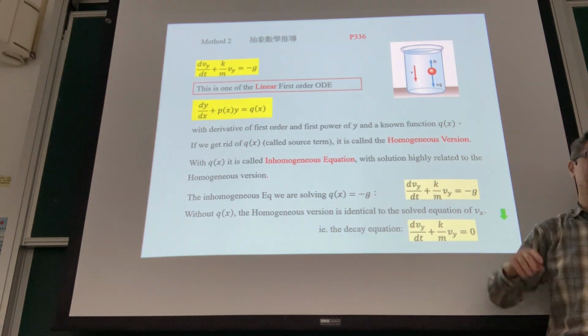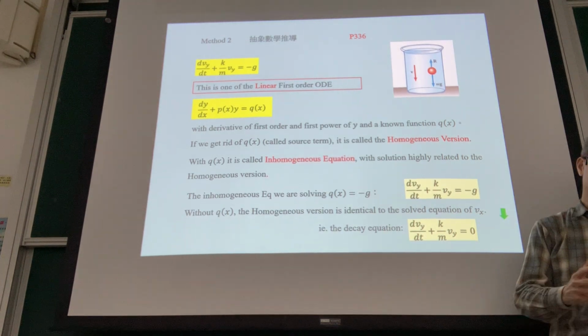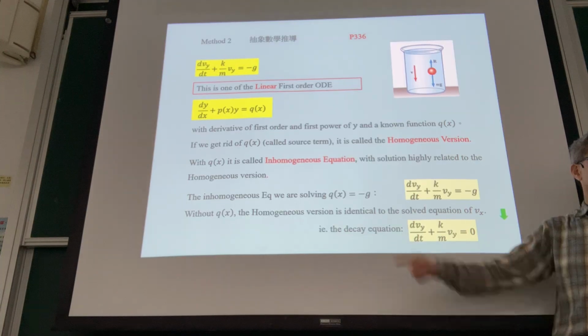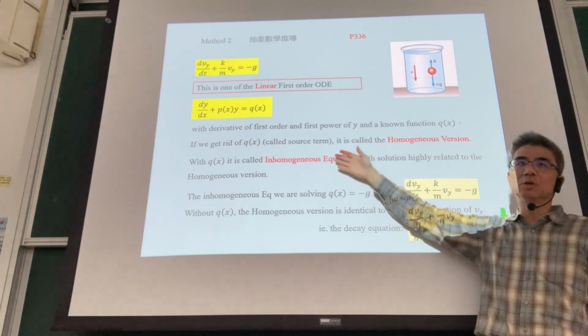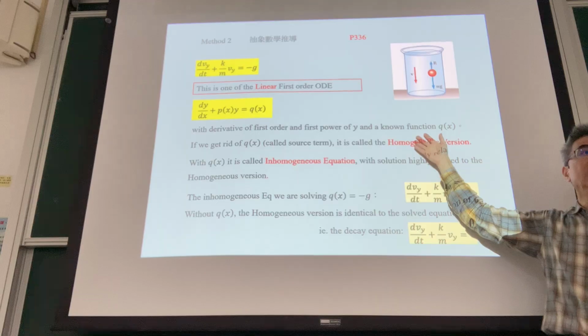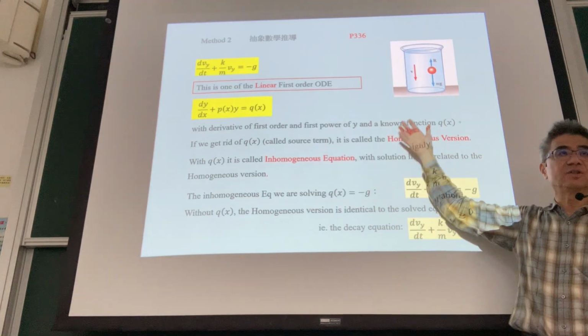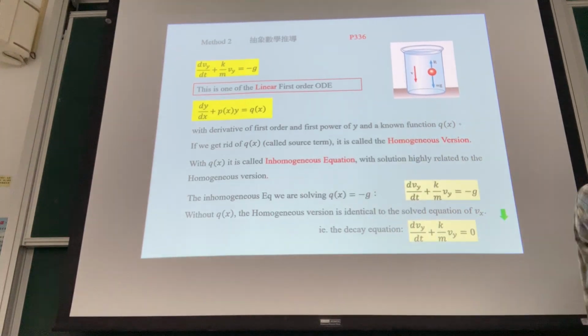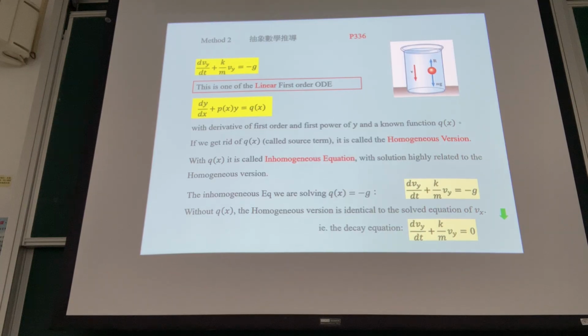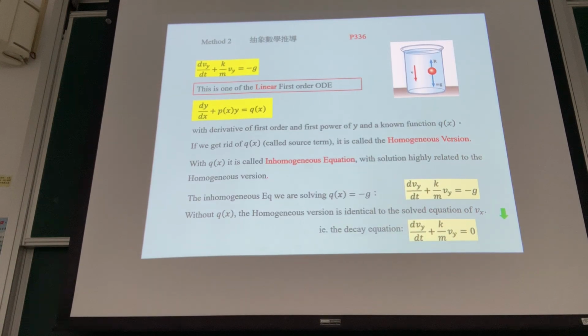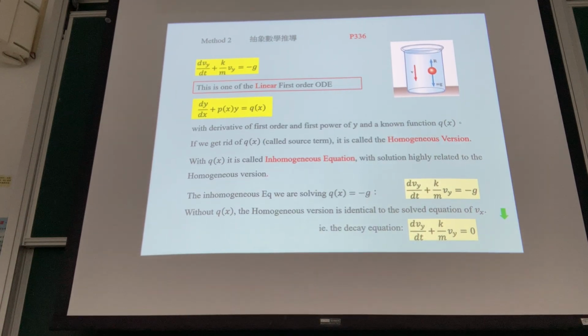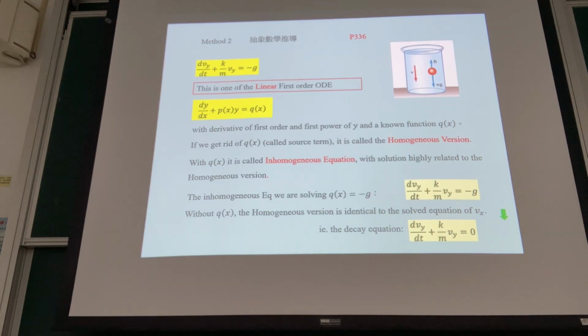So integrating factor I have to teach, but you don't have much chance to use it. But this separation between inhomogeneous equation and homogeneous equation and the relation of their solution are almost everywhere in the physics world. Okay, so next week, remember this keyword, inhomogeneous and homogeneous.